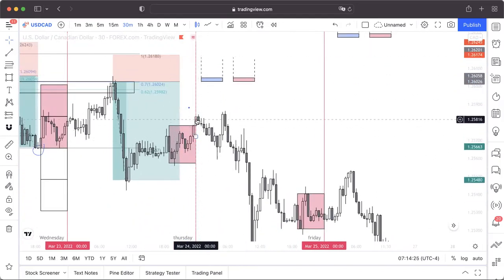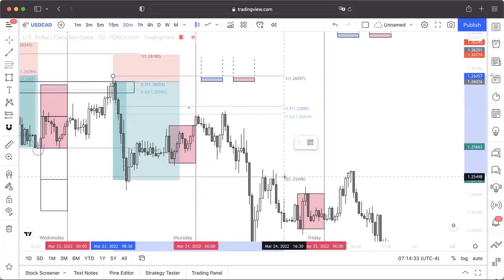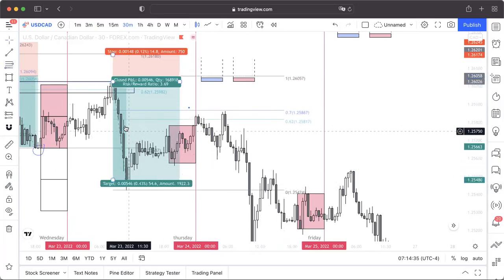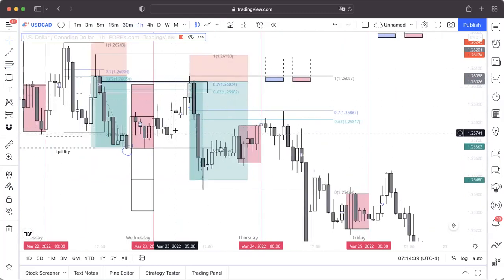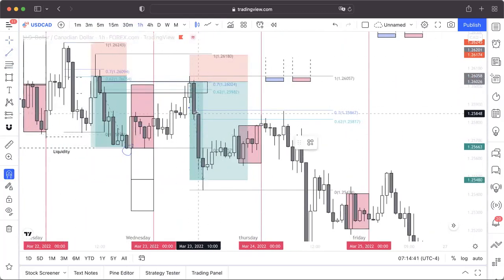Here the market trades, takes out the liquidity of the range. It also trades actually in this optimal trade entry. It also trades to the fair value gap if you check it out. So we had this fair value gap in the market right there.